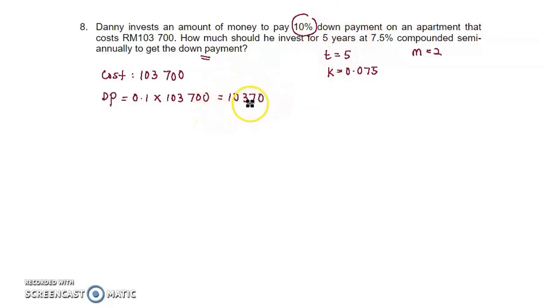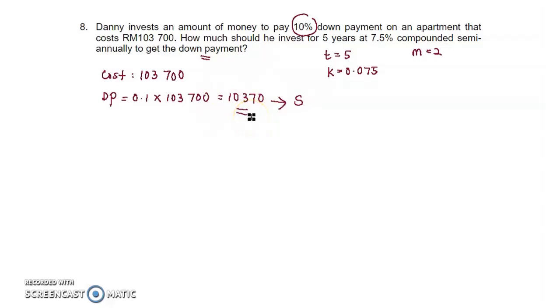So what is the amount of the down payment here? This one we consider as value S, or compound amount, because in another 5 years you want to get this value back.